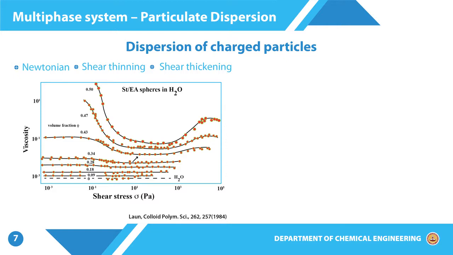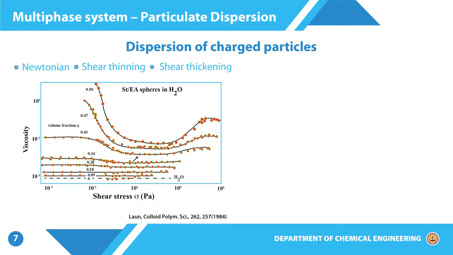So, if we look at this data where charged polystyrene methacrylate spheres are dispersed in water, the viscosity is measured at different concentrations of the particles themselves. The particle concentration is mentioned in terms of volume fraction. So, as volume fraction increases, we would expect that viscosity would be higher.